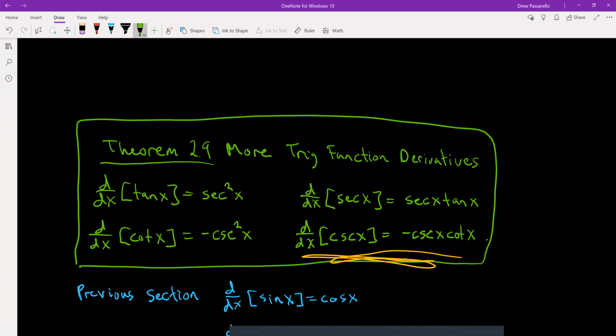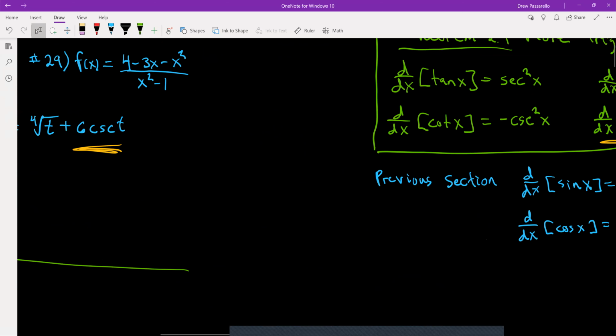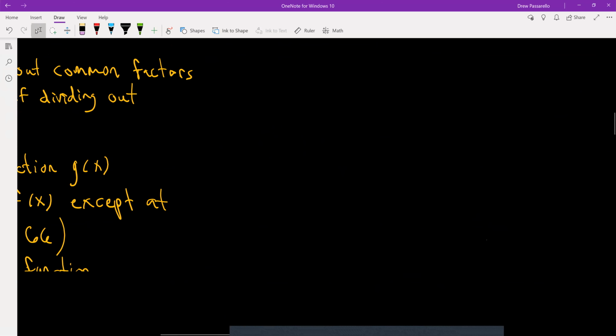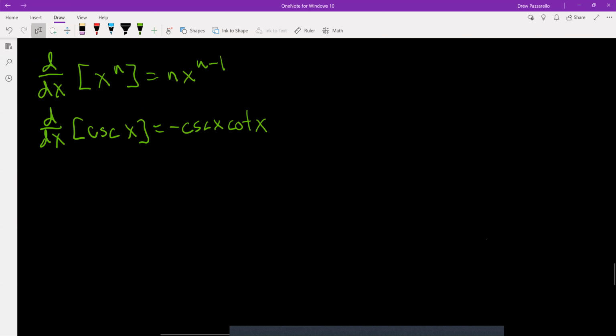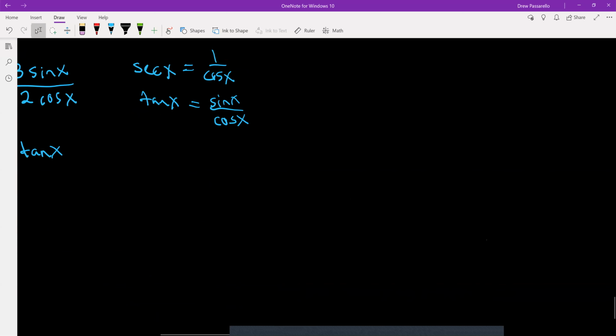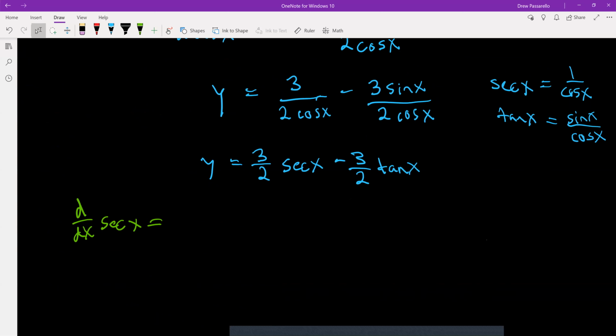So those are the 2 derivative rules I'm going to apply to this problem. All right, so derivative of secant is secant tangent, derivative of tangent is secant squared.